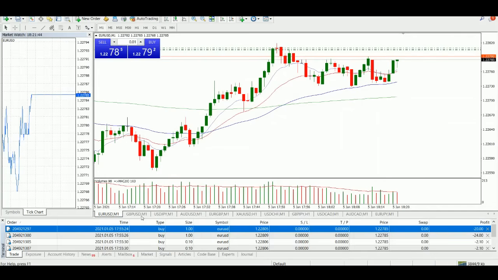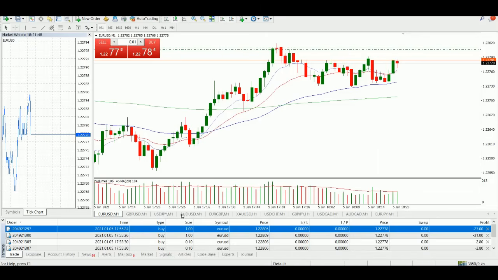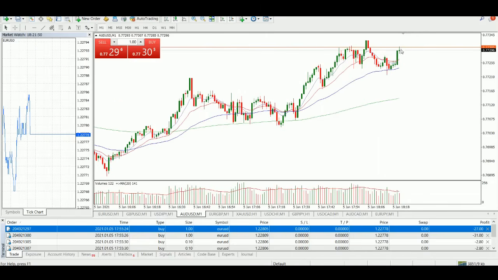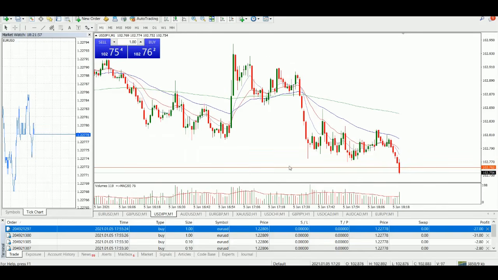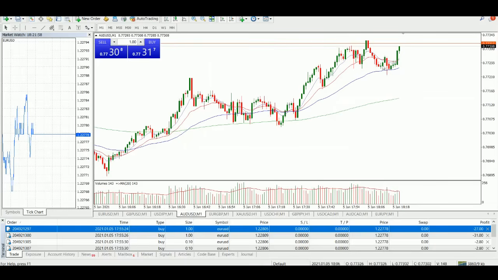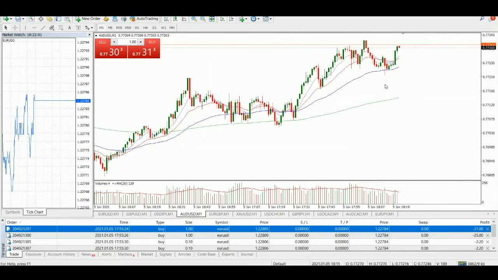Now what you have seen in GBP dollar, you will see in euro dollar. Just wait for it. Also, AUD dollar is following. And USD yen, after going sideways, is continuing its downtrend. And AUD dollar, I told you it would be following. Okay, let's wait for the markets.